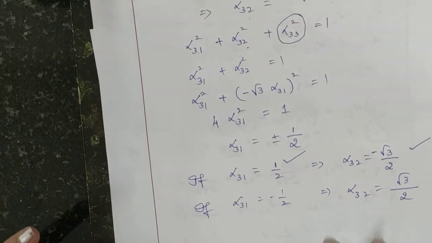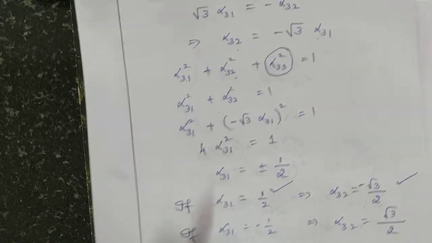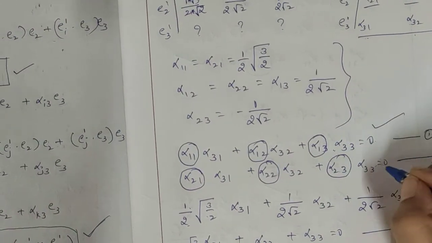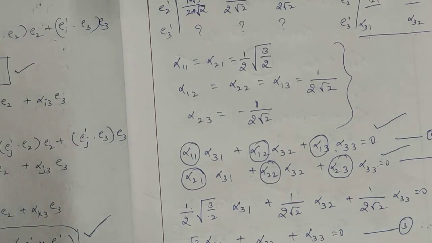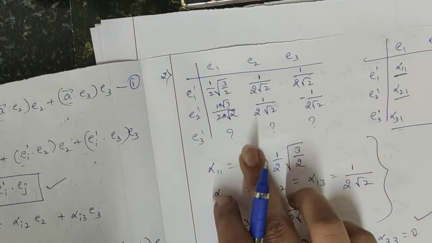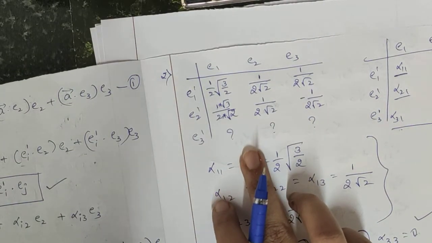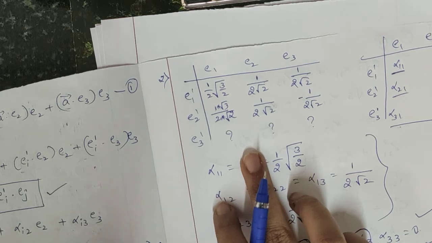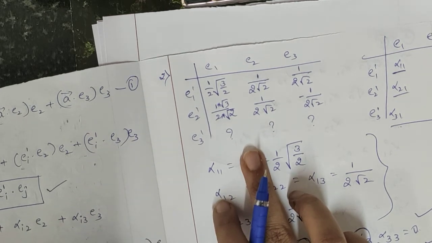So here you may get a doubt about why we have to consider these three equations, right? Because they have given a transformation, and we already know that any such transformation is an orthogonal matrix, right?